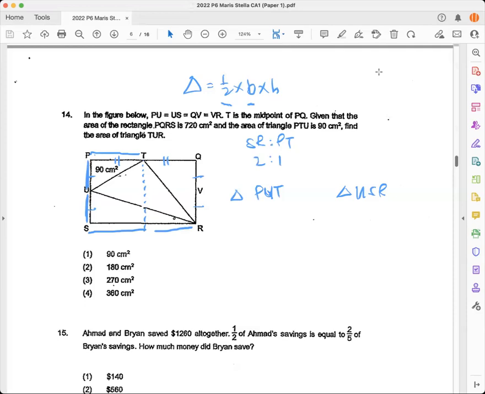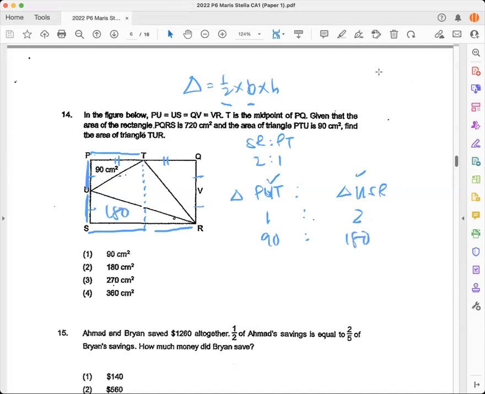Since both have the same base, I can say that the area of USR is twice that of triangle PUT. So if this is 90, this will be 180.